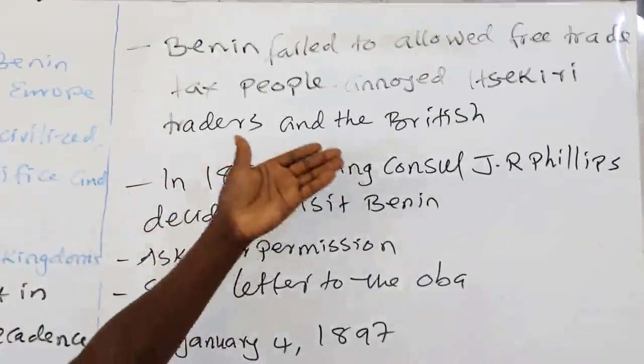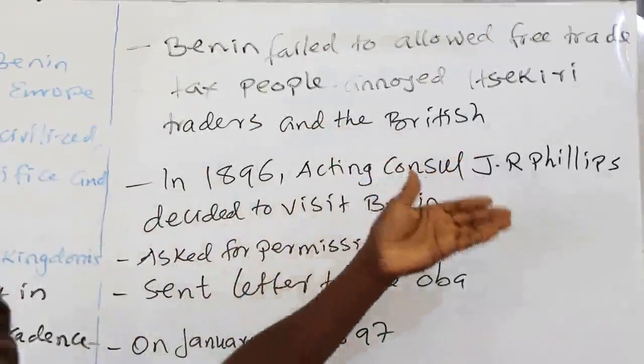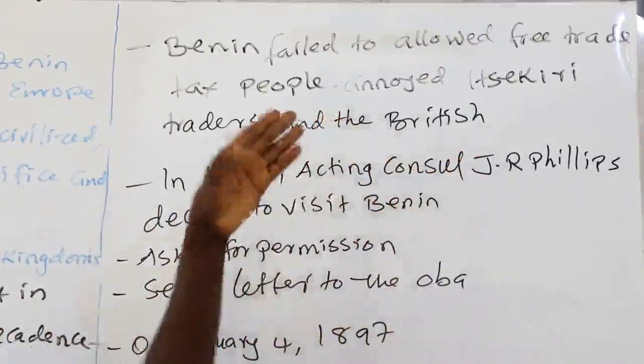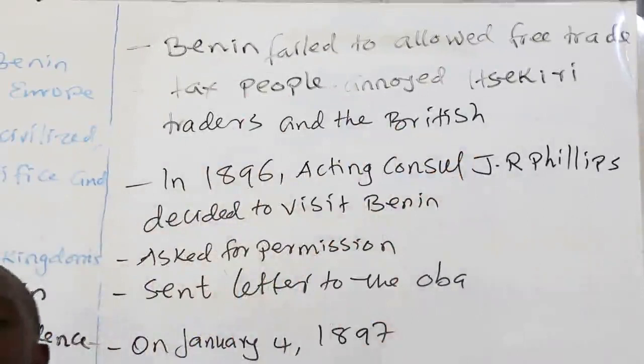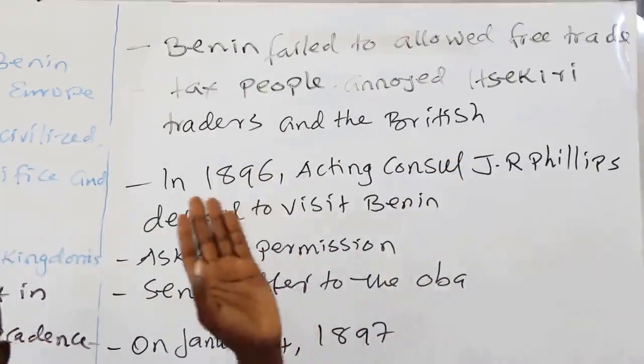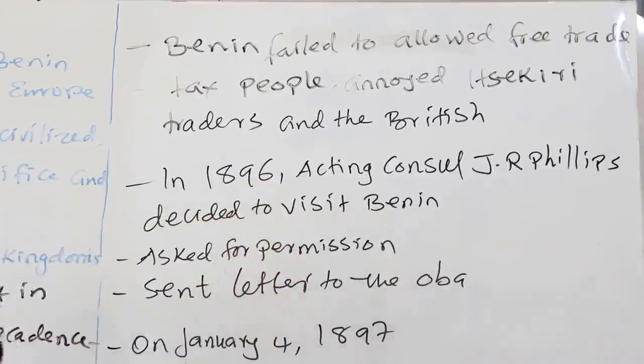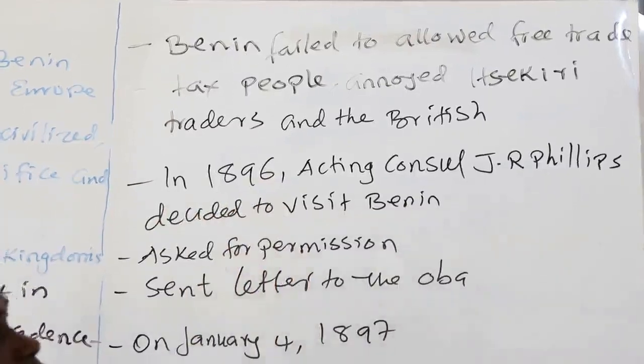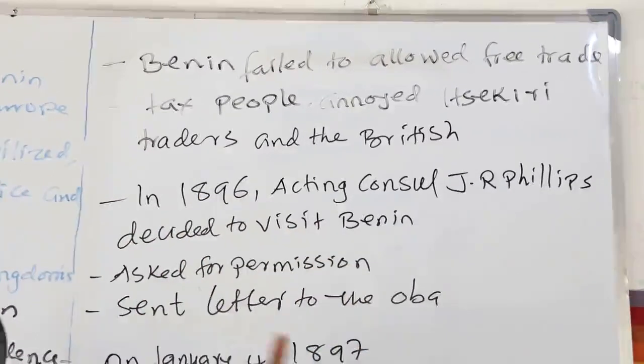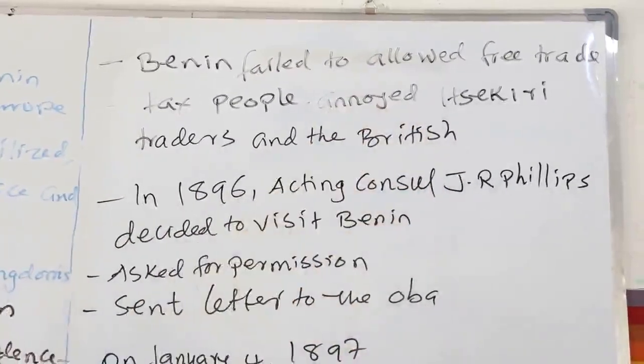Now, in that treaty, some clauses were inserted to allow free trade. They declared Benin as a free trade zone to all European traders and to traders from Ishikiri and all the neighbors of Benin. So it was included in that particular treaty.